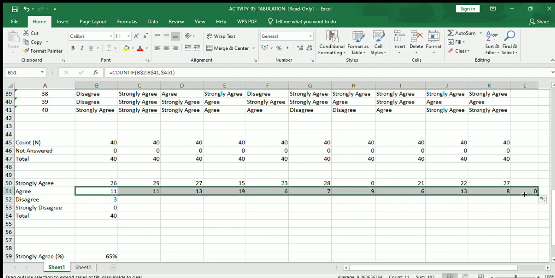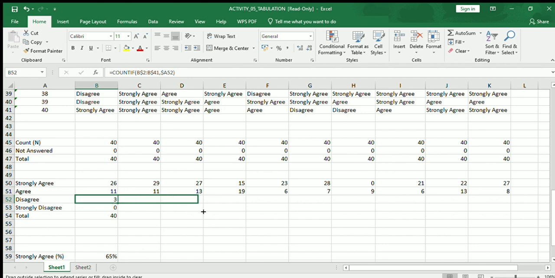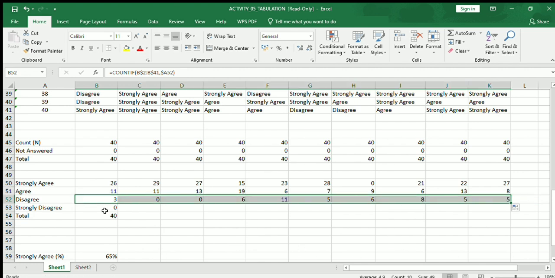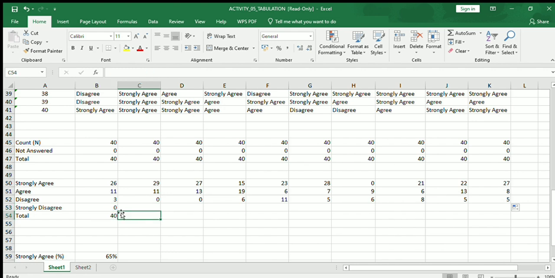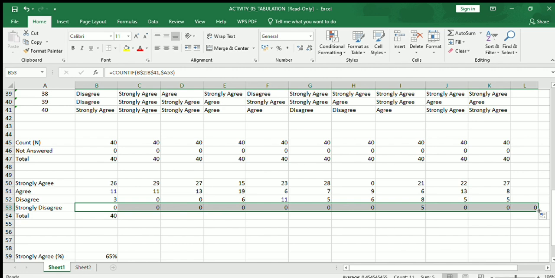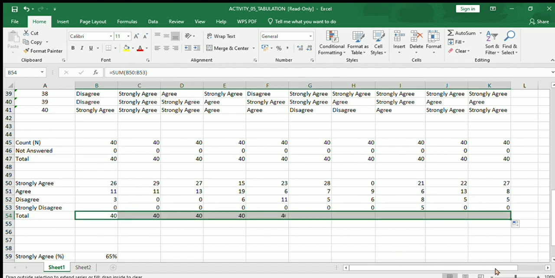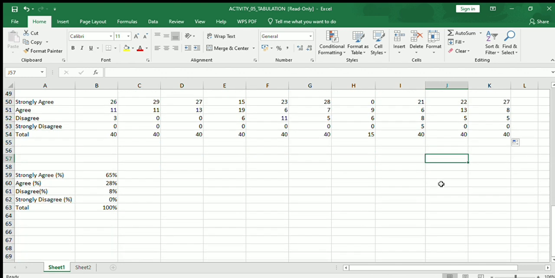So it is the easiest and fastest way to calculate the amount of percentage and the equal amount of the respondents who answer each question.